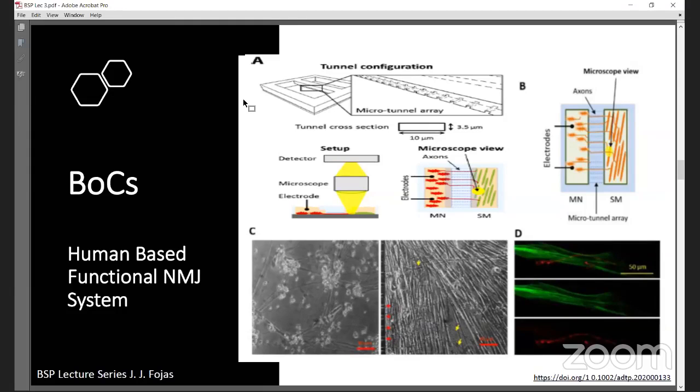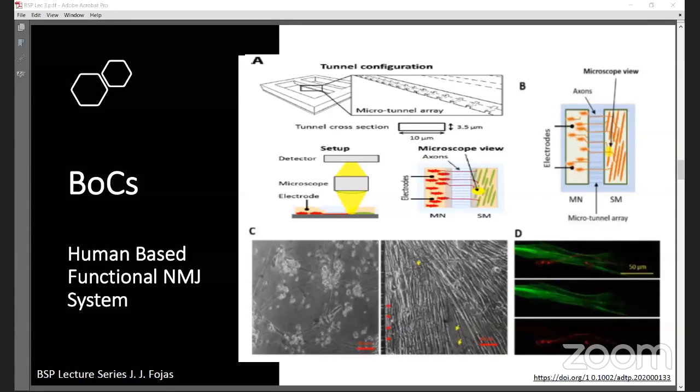So you see here the loss of neuromuscular junction, or your NMJ, with ALS is basically an early and critical hallmark in all forms of ALS.